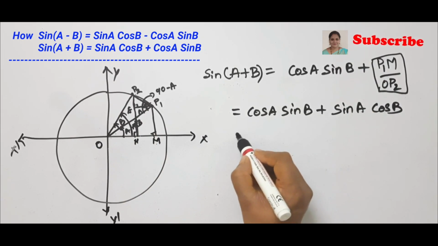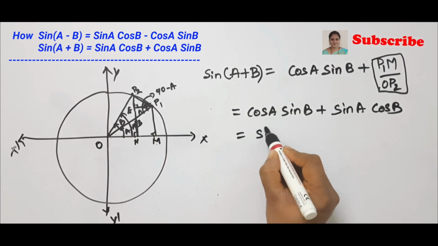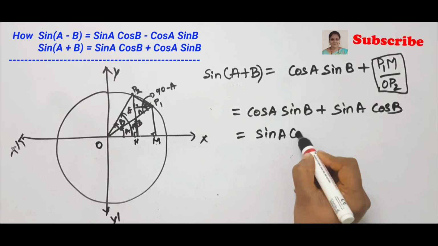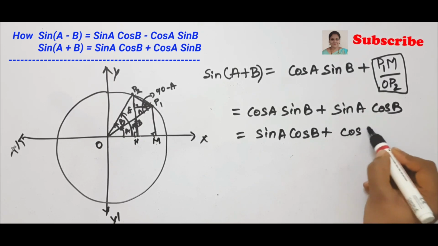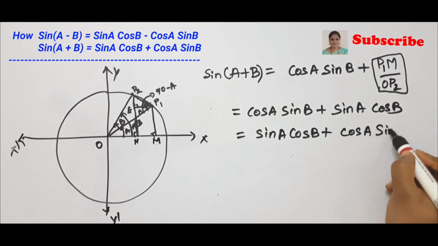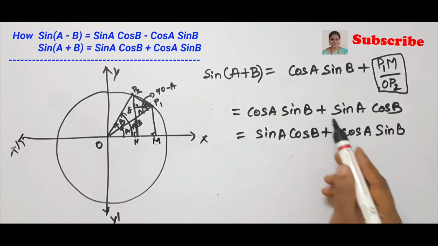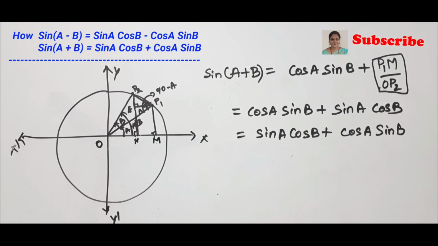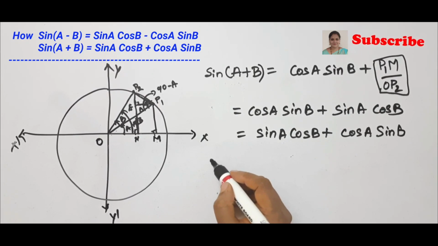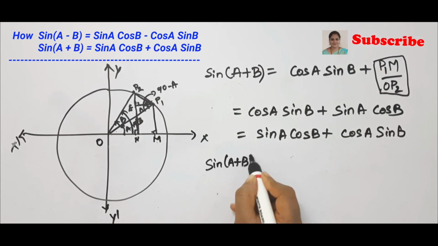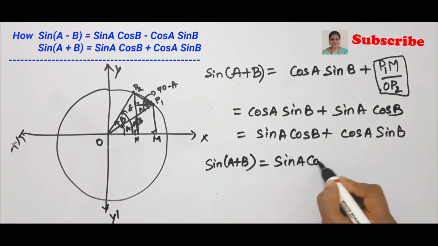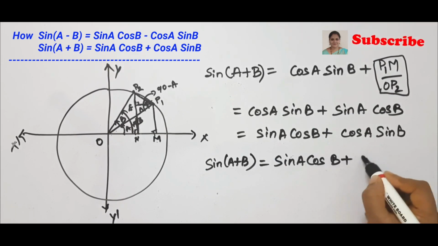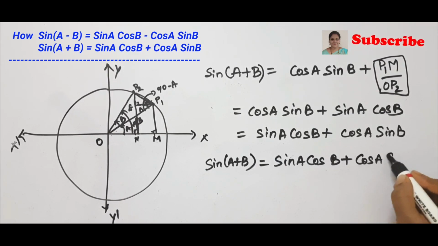Now this formula can be written as sin A cos B plus cos A sin B. Both are the same, is it not? Because the plus sign is there. So sin of A plus B, finally we got, sin of A plus B is equal to sin A cos B plus cos A sin B.